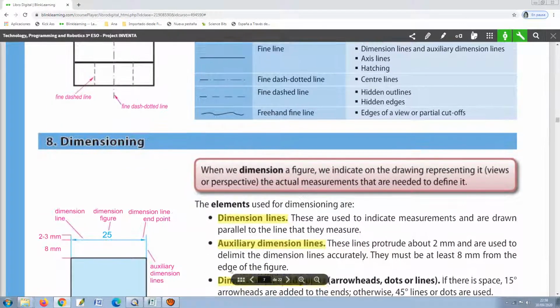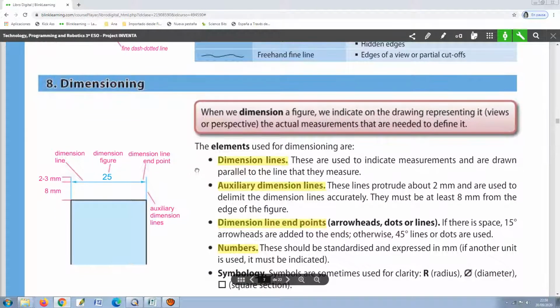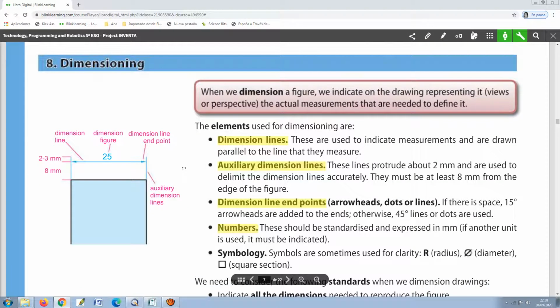Dimensioning is when we indicate the actual measurements that are needed to define the shapes. So it means that we have to show the real dimensions, not the ones in the drawing. So, concepts we have to remember.